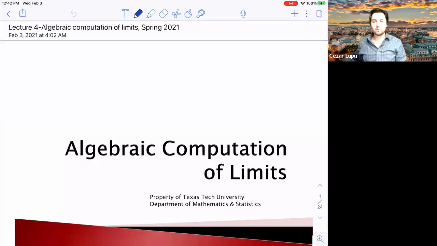So today we will be talking about algebraic computations of limits. Like I said, you will see many examples today of how to compute limits, and you will see limits involving polynomial functions, limits involving rational functions. You'll also see limits involving trigonometric functions.